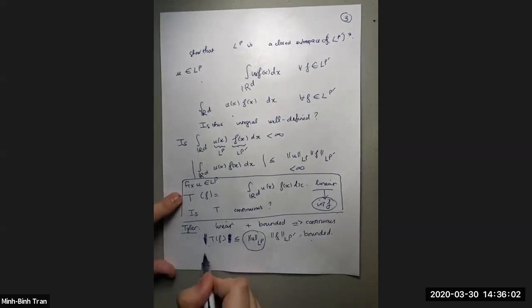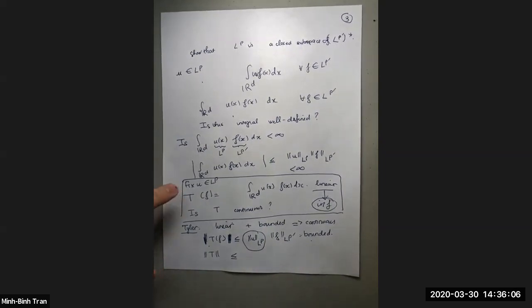All right. So what can I say about the norm of T? Can I bound the norm of T? So I want to bound the norm of T. What is this bound?